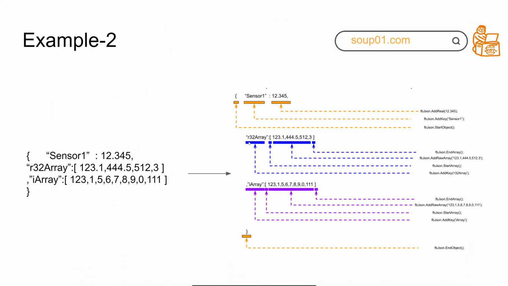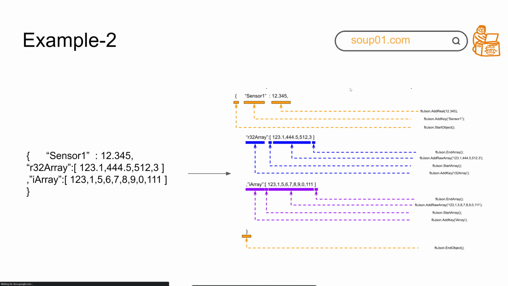And for the second one, you need to add a key first, then use the start array method to add an open bracket, use the add array method to add the values inside, and finally use the end array method to add a close bracket. And finally, don't forget to close your object by using the end object method.